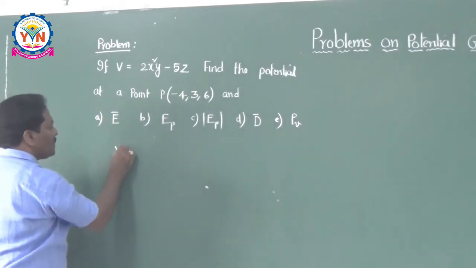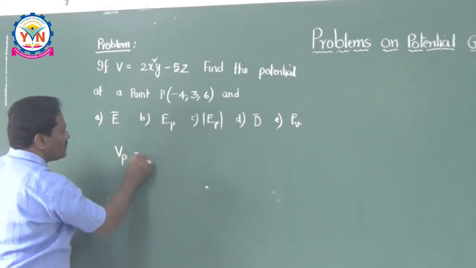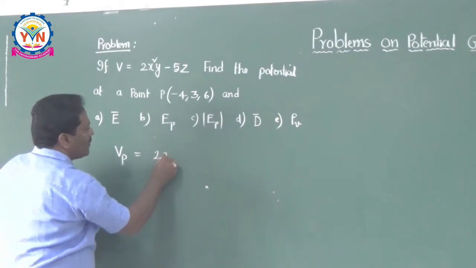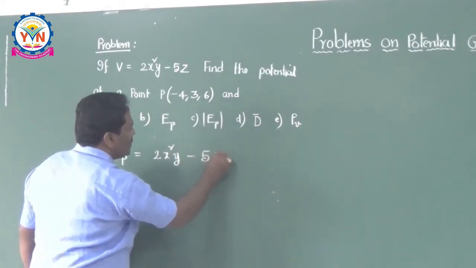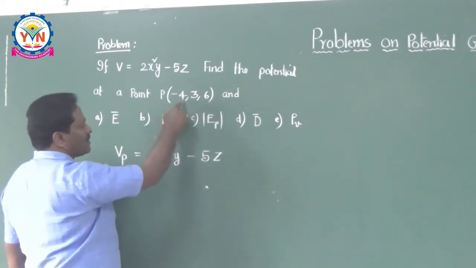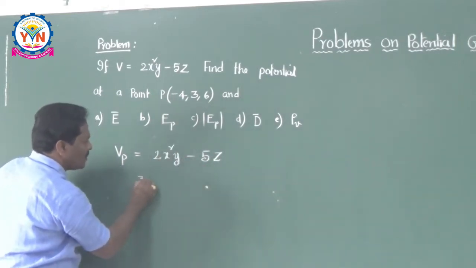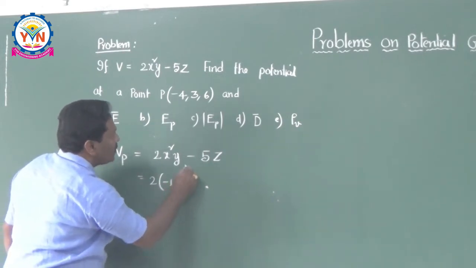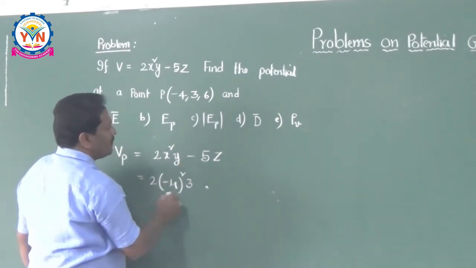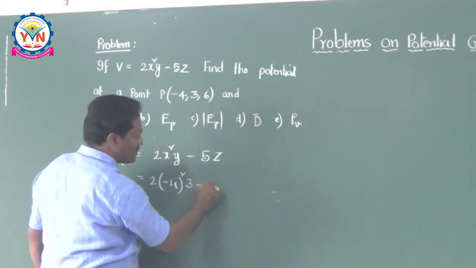So, potential at the point P, Vp is equal to 2x square y minus 5z, and in this one you have to substitute x as minus 4. That is equal to 2 into minus 4 whole square into y, 3, minus 5 into 6, 30.